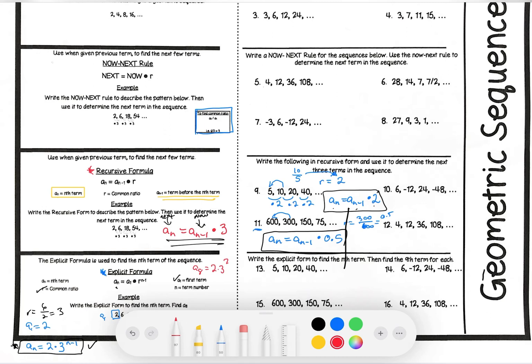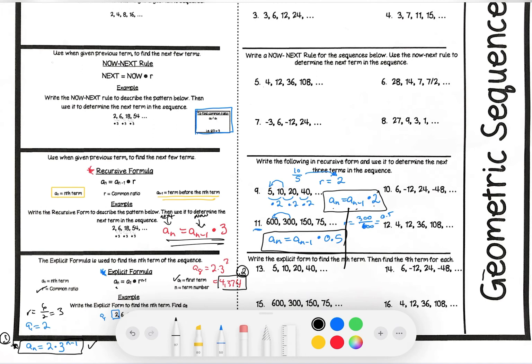And my answer is 4,374. That is the 8th term of the sequence, A8. So this is the first answer, first part of the answer. This is the second part of the answer.